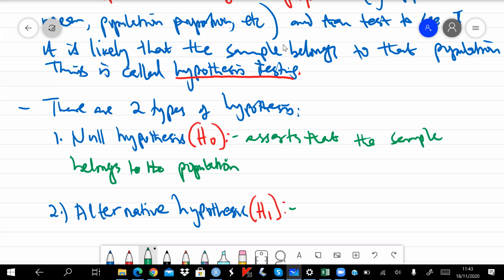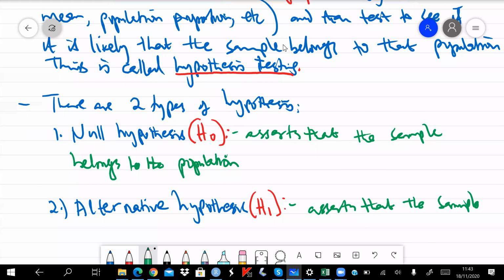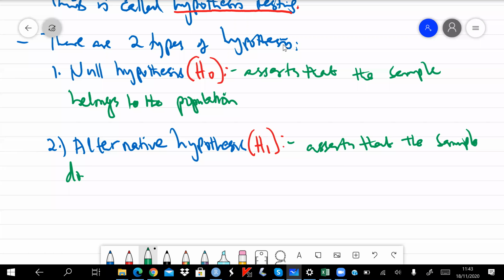And we say that this hypothesis claims or asserts that the sample does not belong to the population. The sample does not belong to the population. Okay.